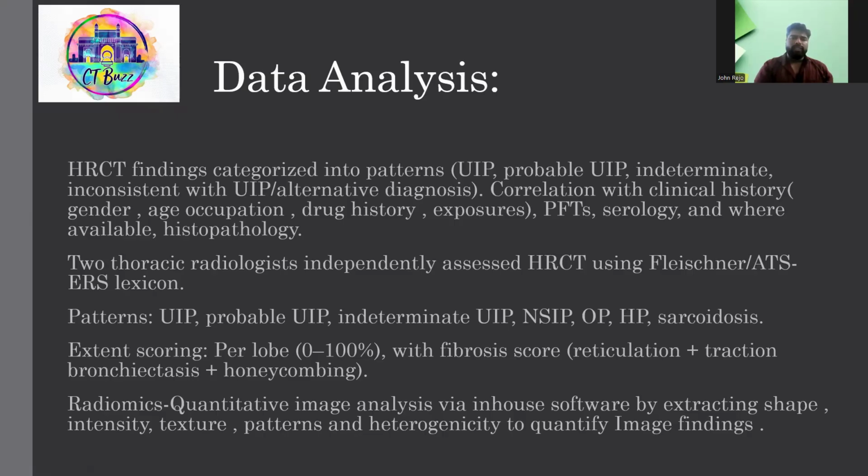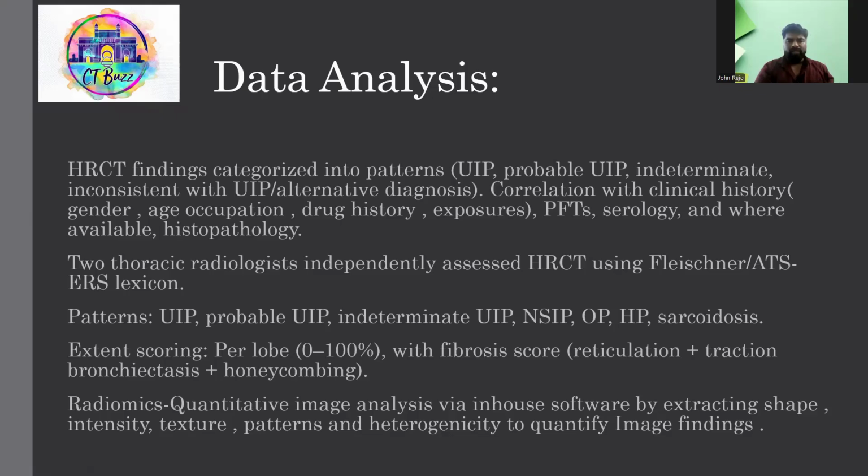Two thoracic radiologists independently reported and assessed the HRCT using standard guidelines. Patterns were UIP, probable UIP, indeterminate UIP, NSIP, other occupational pneumoconiosis or HP, and sarcoidosis. Extent scoring per lobe was 0 to 100%, with the fibrosis score depending upon reticulations, traction bronchiectasis, and honeycombing.